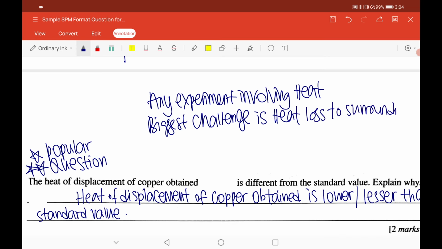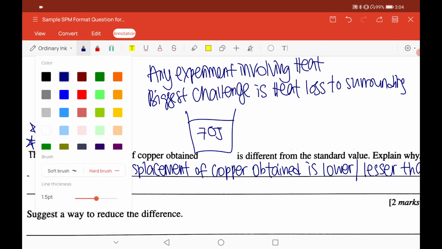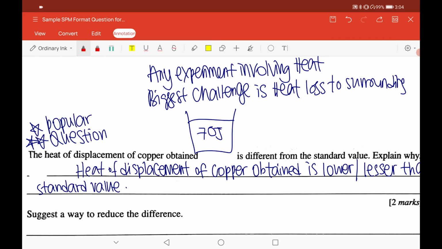The heat will run away to the surrounding. For example, in theory you should get 70 joule, but when you do the experiment, you will never get 70 joule. Why? Some of the heat will run away to the surrounding.